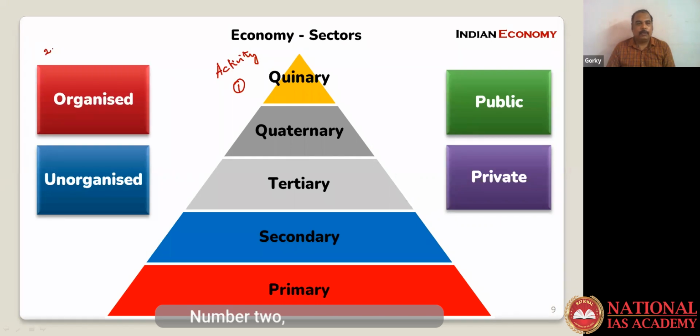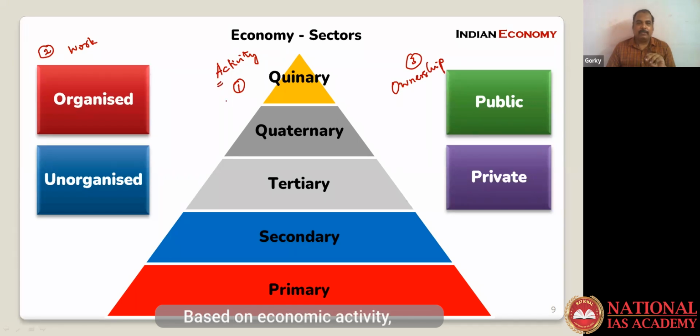Number two, the work nature, how the work is. Number three, how the ownership is. So sectors can be classified as economic sectors based on activity, based on work nature, and based on ownership.